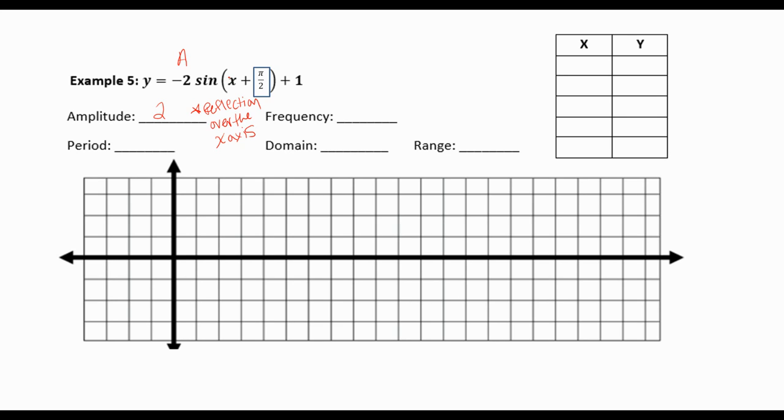Our b value, which can't be seen, is 1. That's the number in front of x. Because our frequency is 1, or b is 1, we don't need to factor it out. And our phase shift is going to be pi over 2 units to the left. And this is our starting value. All the other graphs we kind of started at 0 because there was no phase shift.